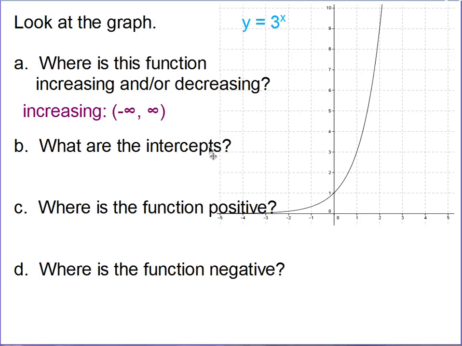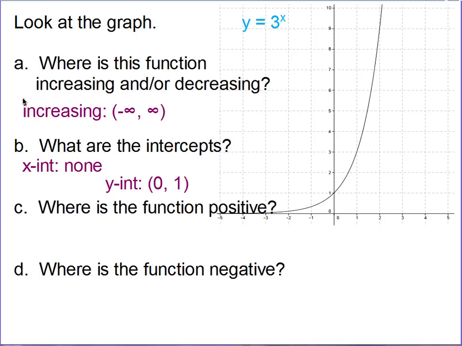Our intercepts are a little tricky this time as well. Since this graph never actually touches the x-axis, we don't have an x-intercept. But what's the y-intercept? We could write that there's no x-intercept and the y-intercept is here at 0, 1.